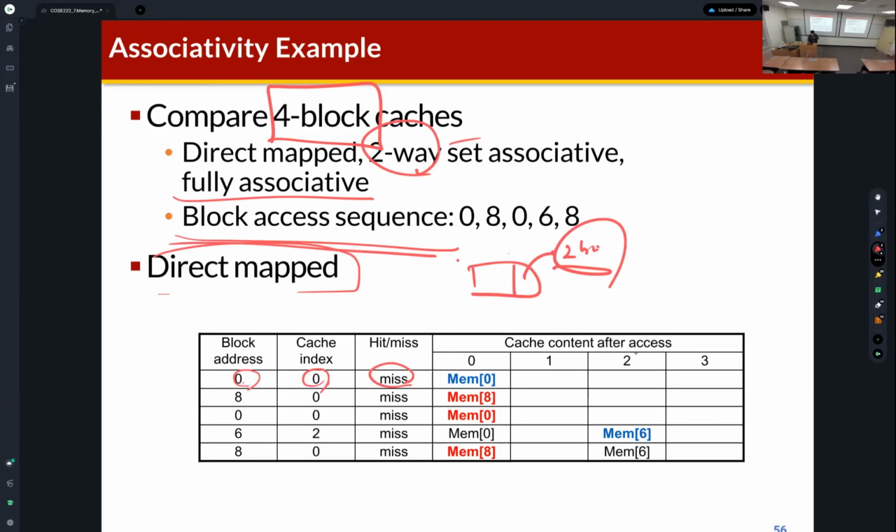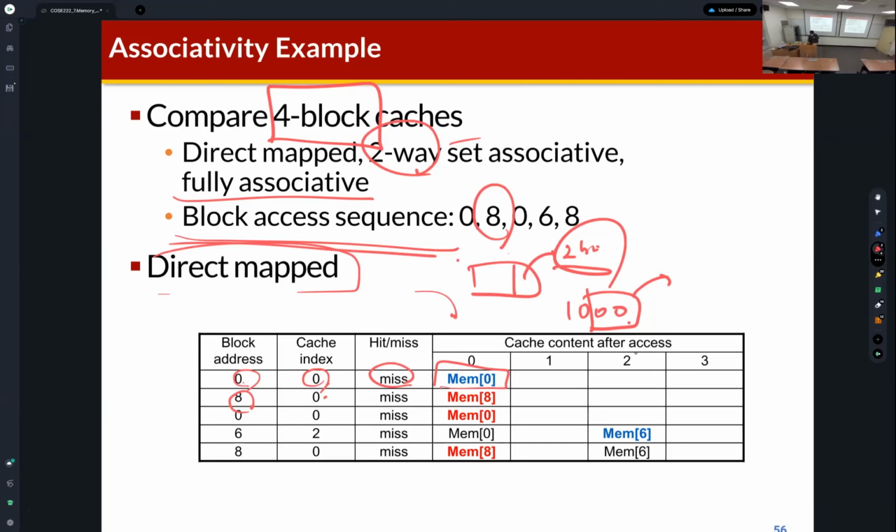And then the block address is 8. 8 is 01000, which means the index of the cache is 00, so the cache index is 0. We request block address 8, but this data is not found in the cache, right? Because the cache has only block 0.